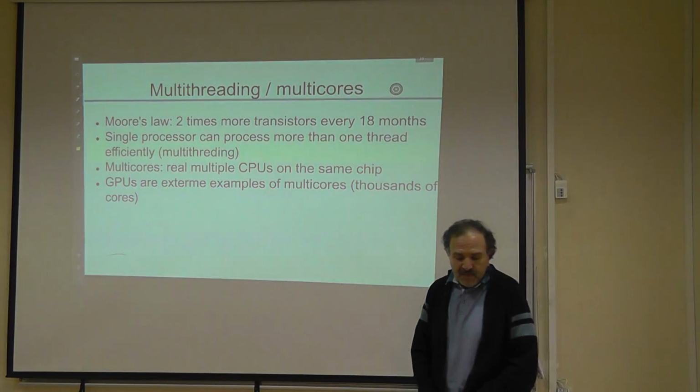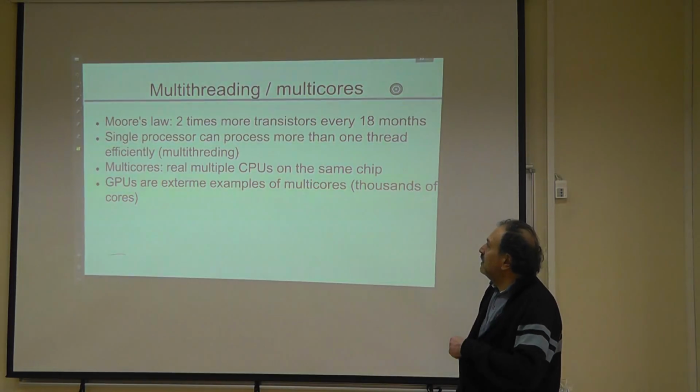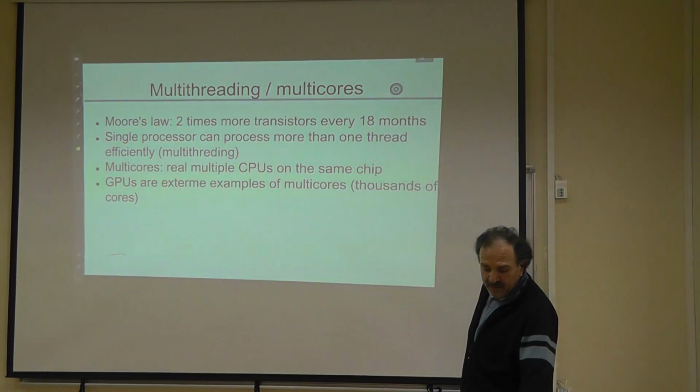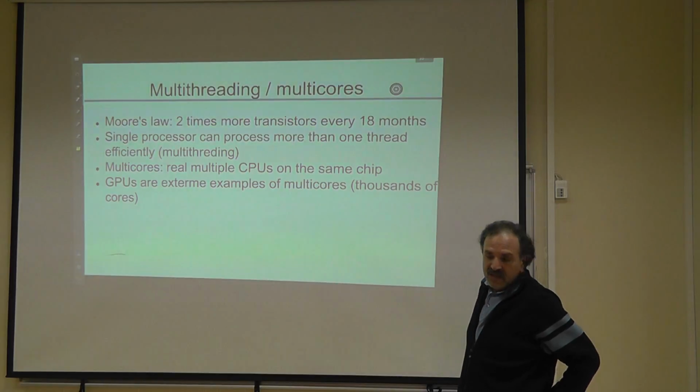With the CPUs we have this concept now, multi-threading and multi-cores. The man named Moore, do you know who Moore is? Did he die? I think he died last year, 2 years ago. He is one of the founders of Intel Corporation, the CPU maker.